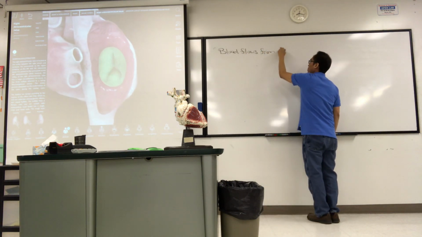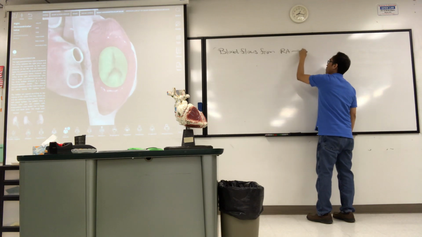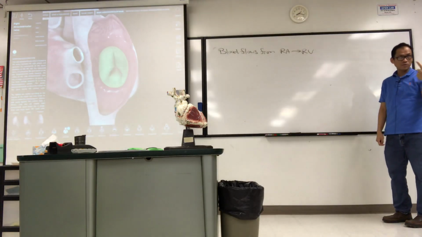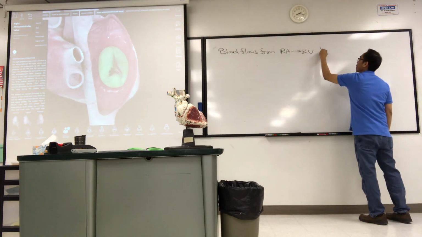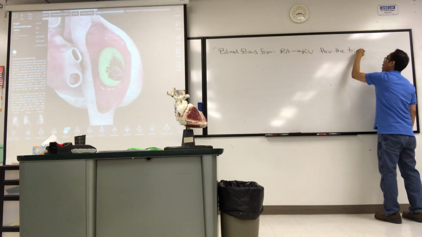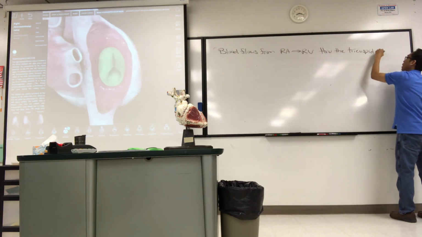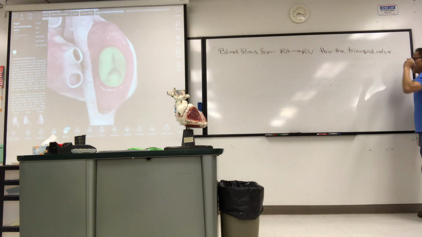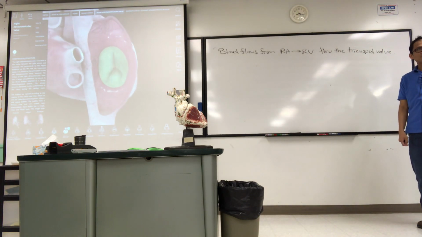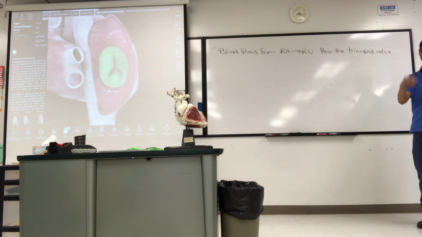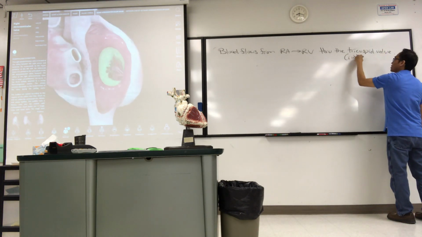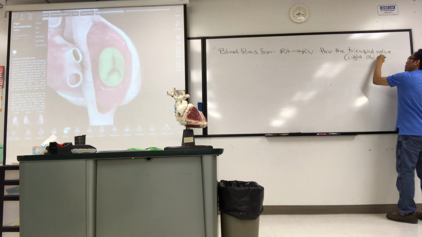So I'll put blood flows from RA to RV, RV is right ventricle, through the tricuspid valve. Another name for it is the right atrioventricular valve, because it's a valve between the atria and the ventricles. I'll say right AV valve, you can call it that.